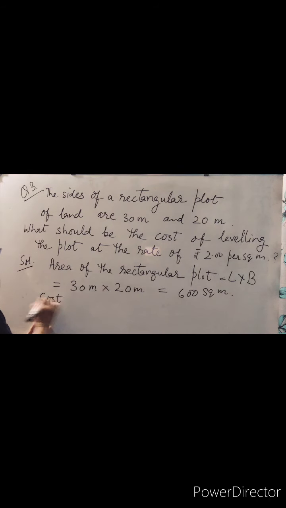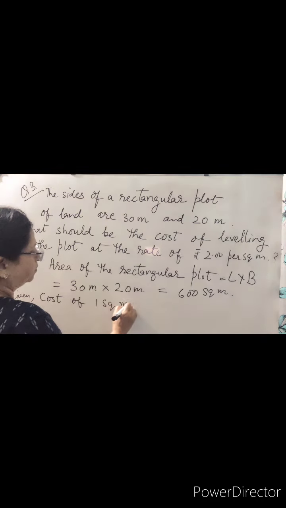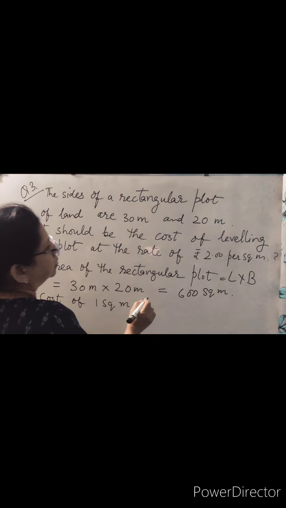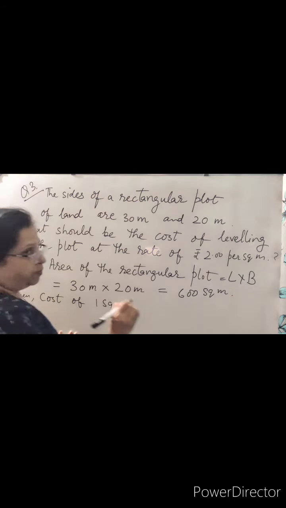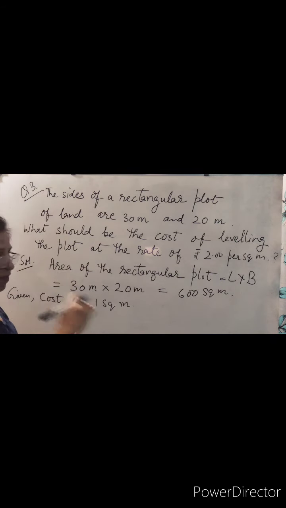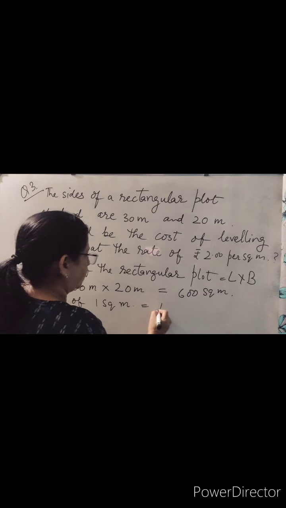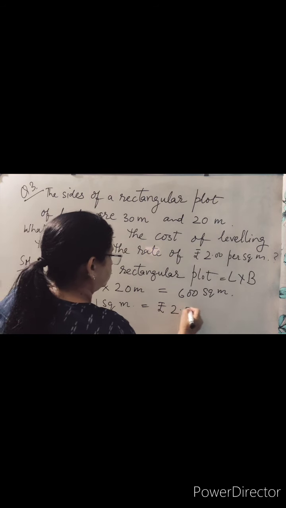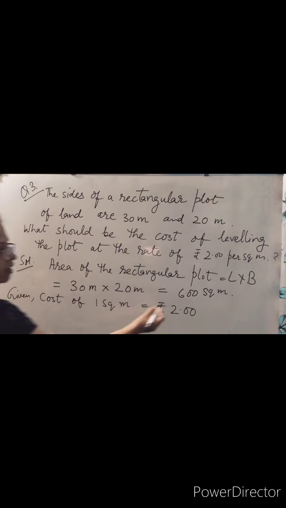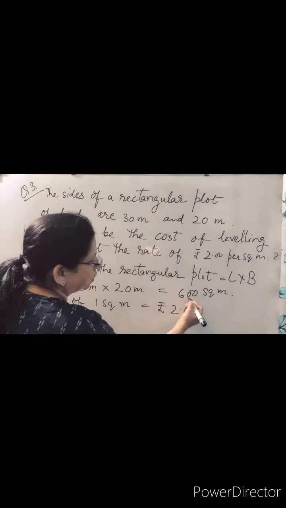It is given. This is given to you. Cost of 1 square meter, 1 स्क्वायर मीटर प्लॉट को लेवल करने का जो कॉस्ट है वो आता है ₹2. हमें कितना निकालना है? पूरा जो प्लॉट है वो कितना है?